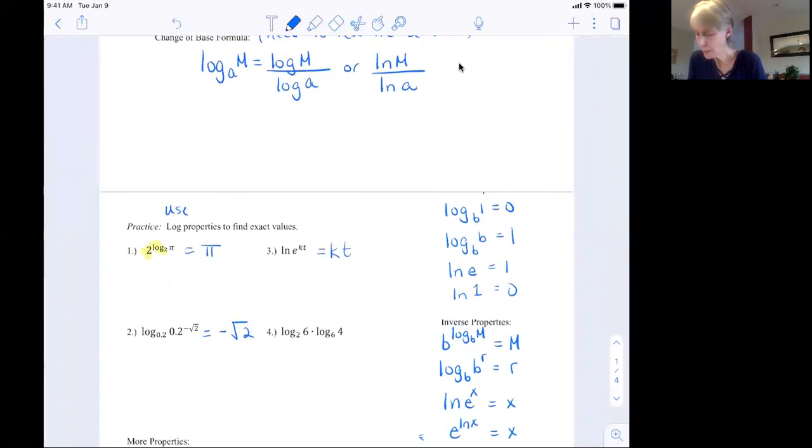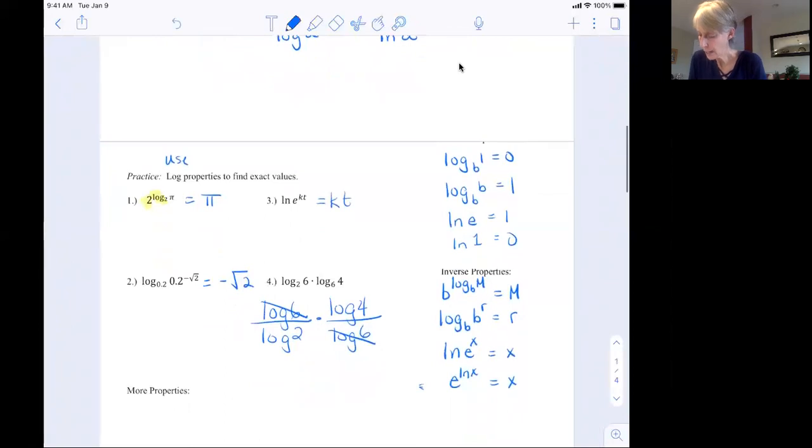So I can rewrite log base 2 of 6 as log 6 over log 2 times log 4 over log 6. And now I can cancel. And I'm left with log 4 over log 2.